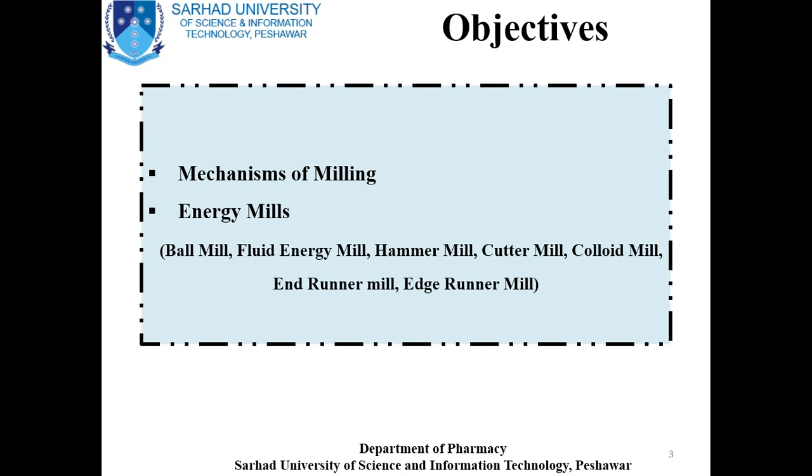We will discuss the different types of energy mill, including ball mill, fluid energy mill, hammer mill, cutter mill, colloid mill, as well as two other types of mill termed end runner mill and edge runner mill.